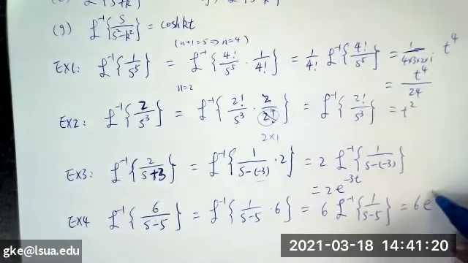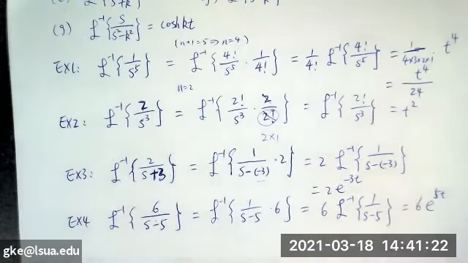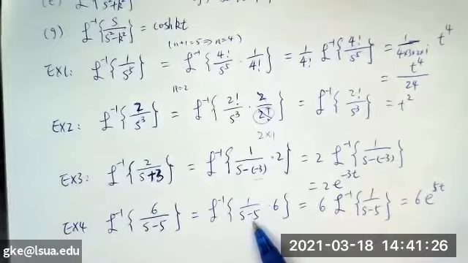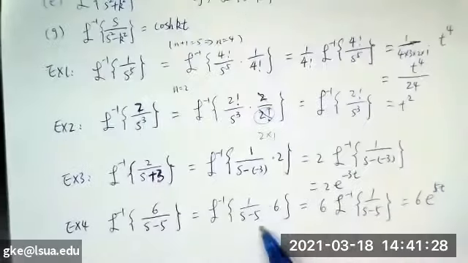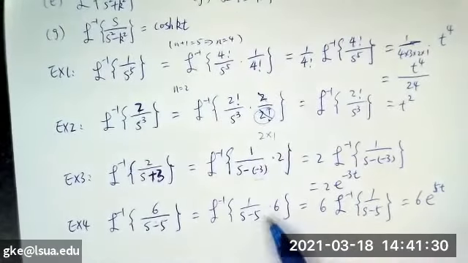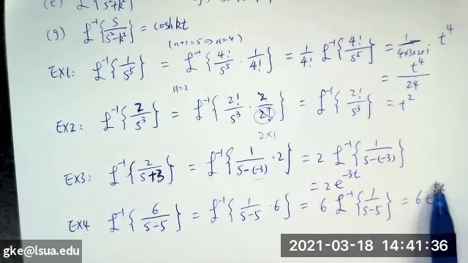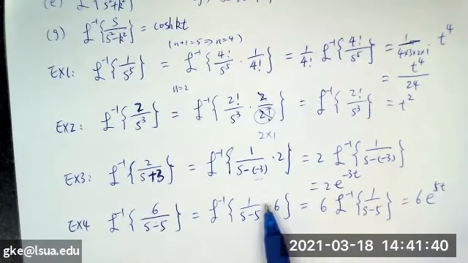So we're gonna get this guy, because a is 5. So e to the power of at is gonna be e to the 5t.